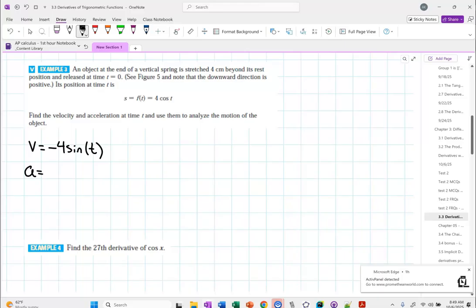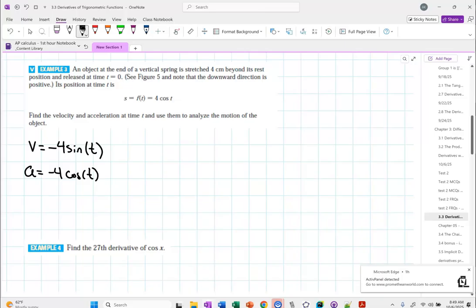And what's the relationship between velocity and acceleration? It's the derivative of it, right? What's the derivative of negative 4 sine t? Negative 4 cosine t, right? Everybody okay there? So there we found velocity and acceleration at time t.